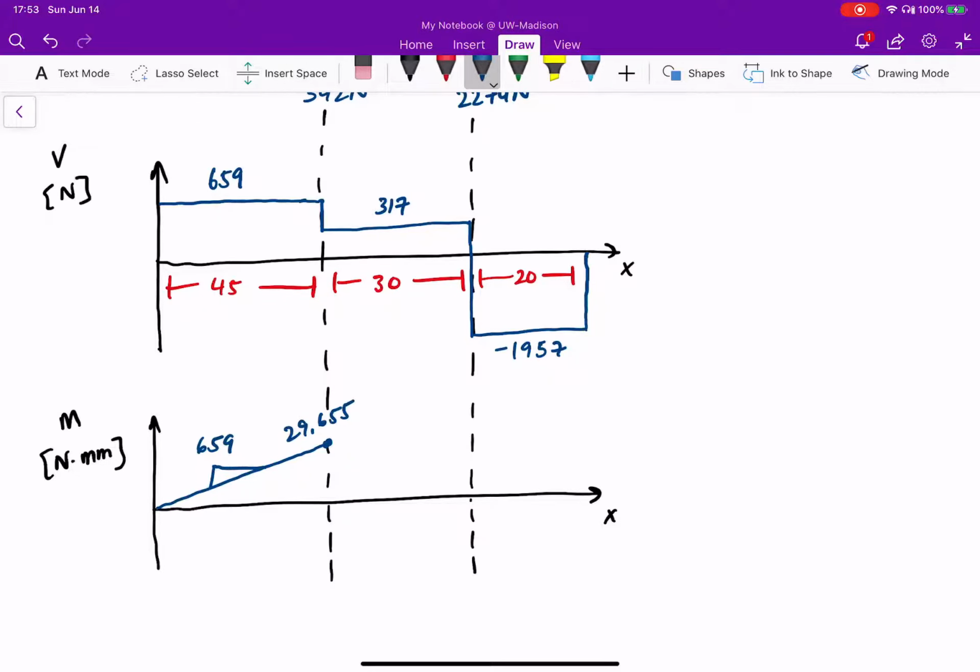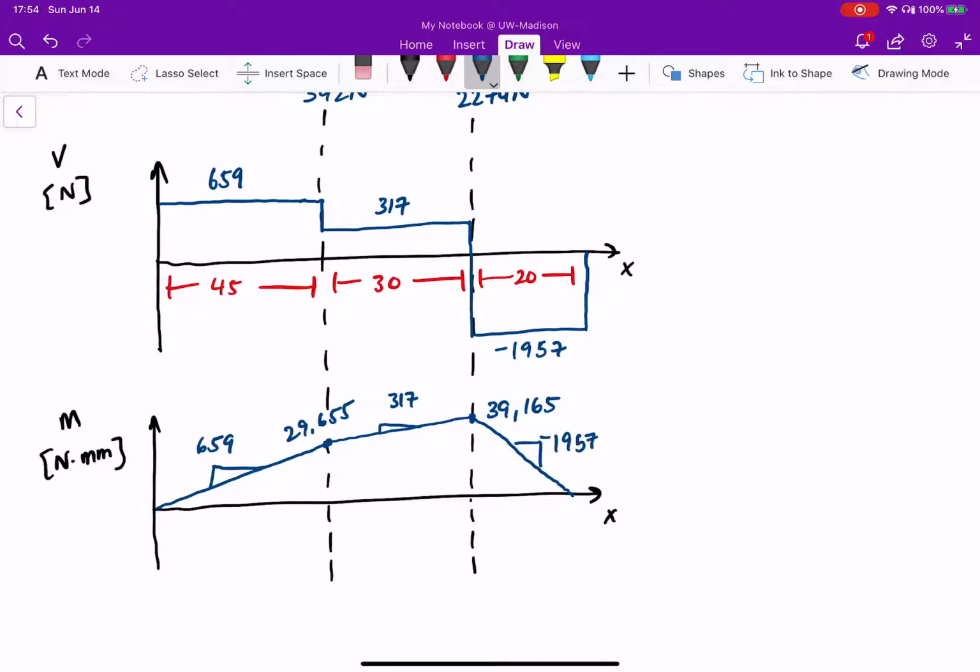And then again, I'm still positively sloping, but with a less steep slope, which is 317 for a distance of 30. This here is 317, and that new point is 39,165 Newton millimeters. And then I slope downwards by 1957 for a distance of 20.